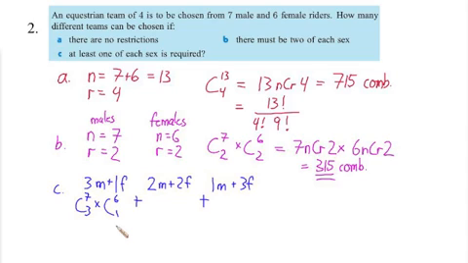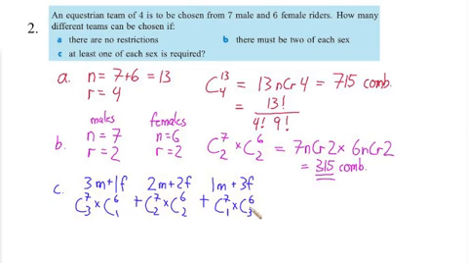The second scenario we've already done. It was part B. I can choose 2 of 7 males and 2 of 6 females. And the last one, I can choose 1 of 7 males and 3 of 6 females.